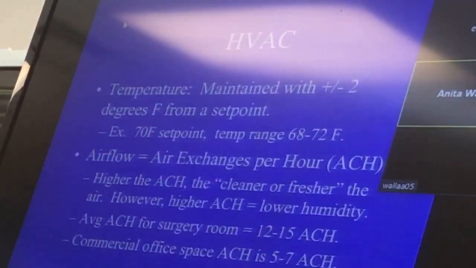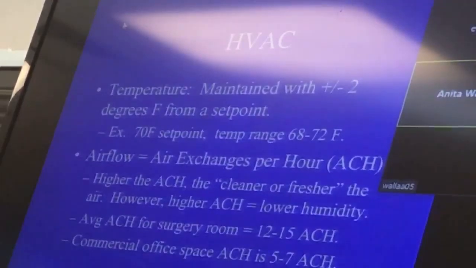And that's just how most commercial systems function. The other HVAC parameter we look at is airflow. And airflow is measured by air exchanges per hour. The concept there is the higher the air exchange rate, the more you clean the air or bring in fresh air. It's just a washing of the air. If you get your air exchange rates down too low, you have a buildup of toxic gases. Again, ammonia levels are the most common thing that we find.